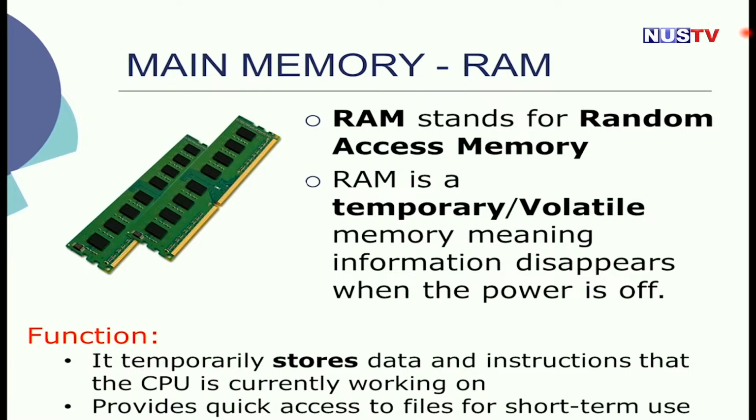And the function of RAM is it temporarily stores your data and instructions that your CPU is working on. So when your computer goes off and there is data in RAM, then your data disappears. And that's why it's called volatile. Volatile means temporary.